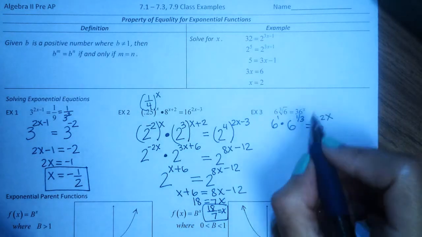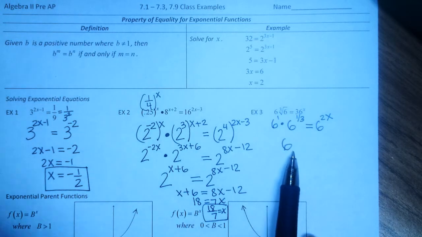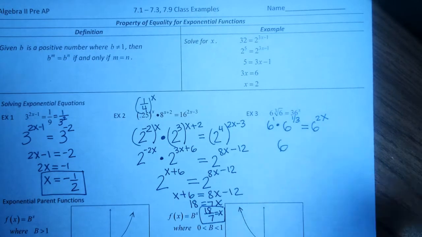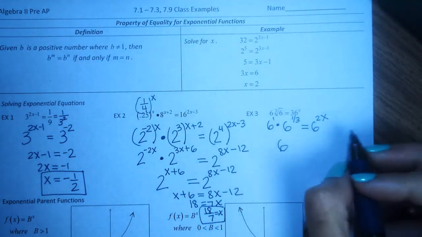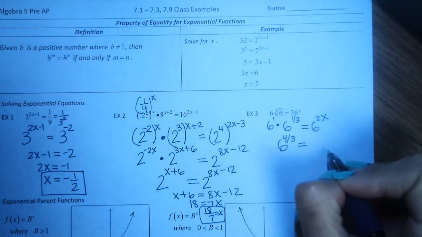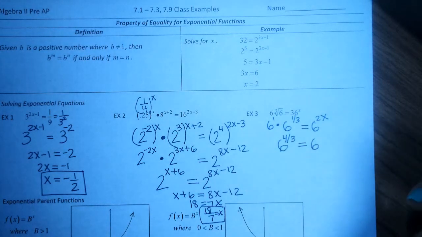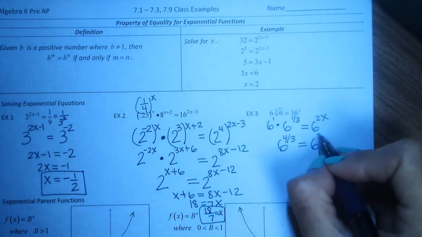So here, let's combine those two bases into one single base of 6 by adding the exponents. So 1 plus 1/3, that's 4/3. So 6 to the 4/3 equals 6 to the 2x.